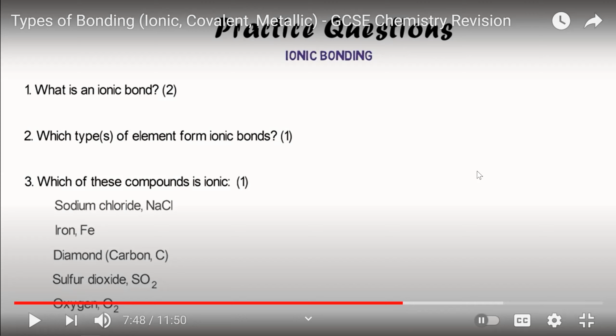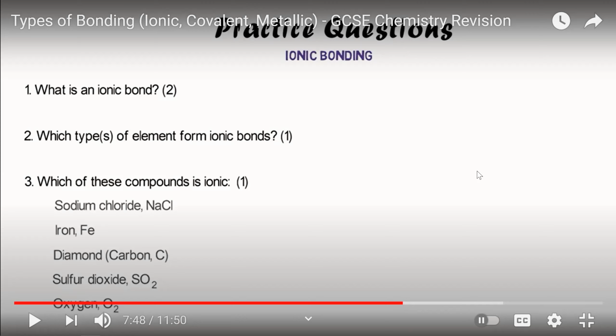Covalent, only non-metals. Ionic, metal and non-metal must be present. Metal will donate electrons and non-metal will accept electrons. Metal will form cation and non-metal will form anion after electron transfer. Fine, Ayman?